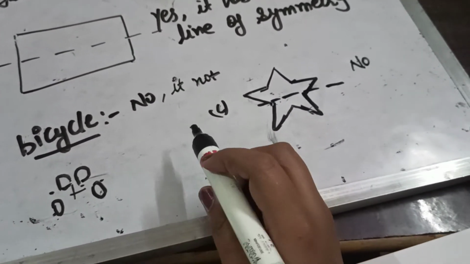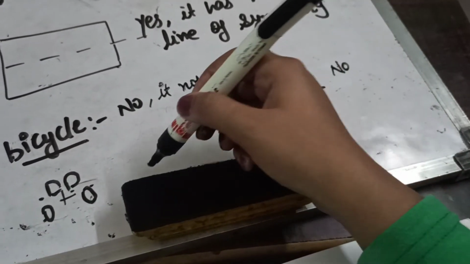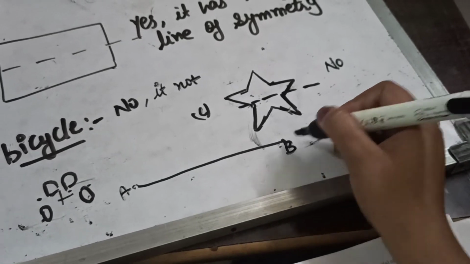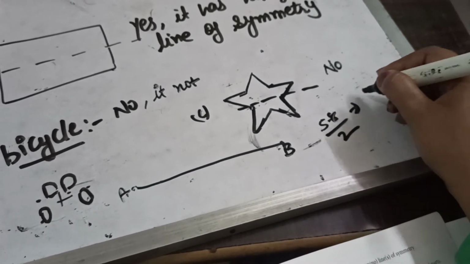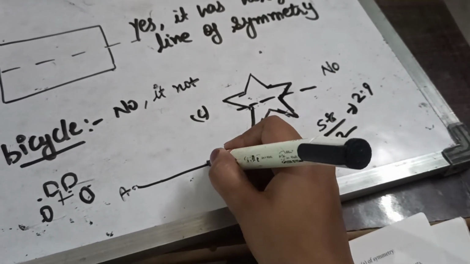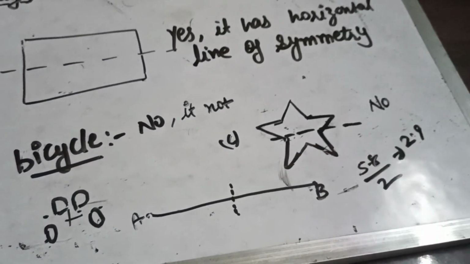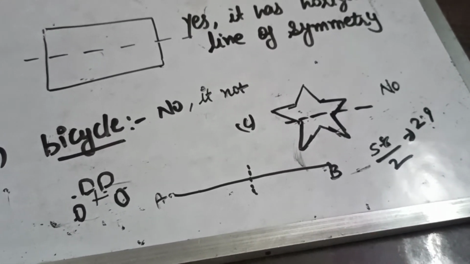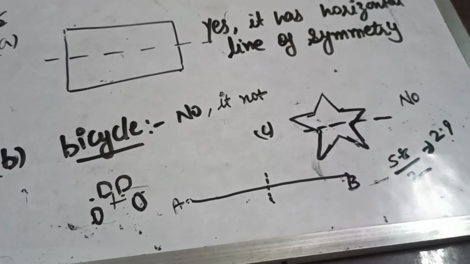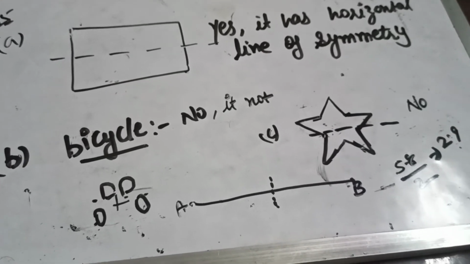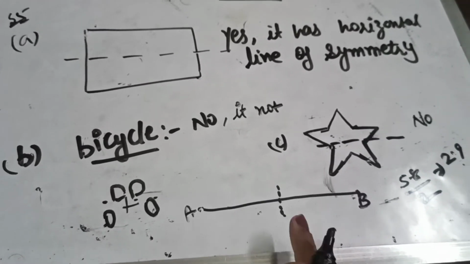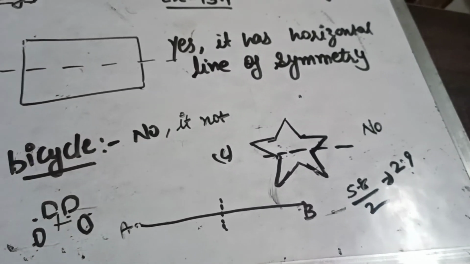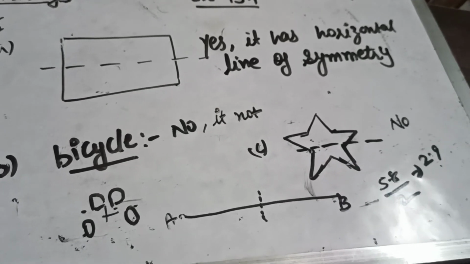Take a scale, put it like this, right? Measure 5.8 up to here, A, B. Half of 5.8 is 2.9. It comes here. So the line of symmetry is at this point. Clear? From this point 2.9 on this side and 2.9 on the other side. How does it come? A line of symmetry divides the shape into parts which are equal, or you can say which are identical. So when we have to divide it into two parts, it means we will divide 5.8 by 2 and it comes 2.9. Clear it is?